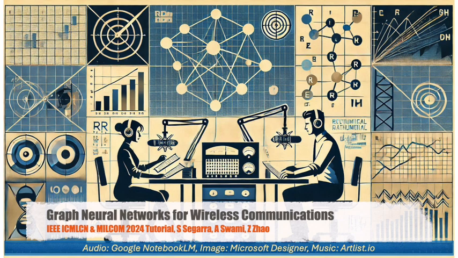So we're talking about things like optimal power allocation, beamforming, making sure those signals are strong and clear where they need to be. And then finally, we'll zoom out a little bit and go up to the networking layer. We'll see how GNNs are being used for routing, scheduling, even creating these super fast network simulators that can really speed up research and development.